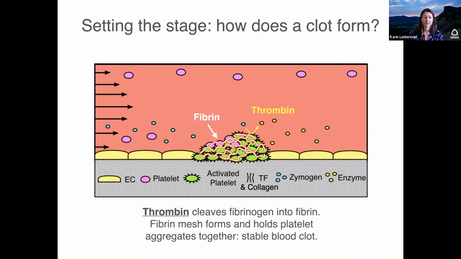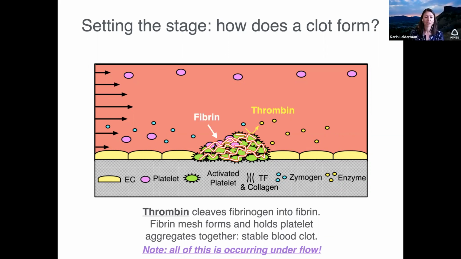Thrombin then cleaves another molecule in the plasma, fibrinogen, into fibrin, which then polymerizes and forms a gel that holds all those platelets together. All of this together forms a stable blood clot. And finally, just to point out that all of these processes are occurring under flow.